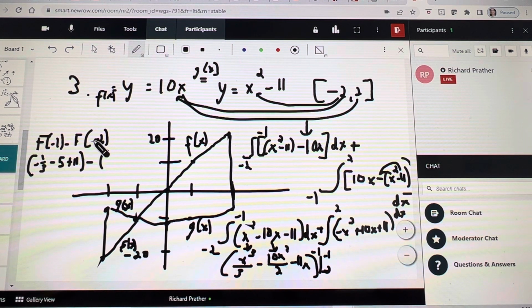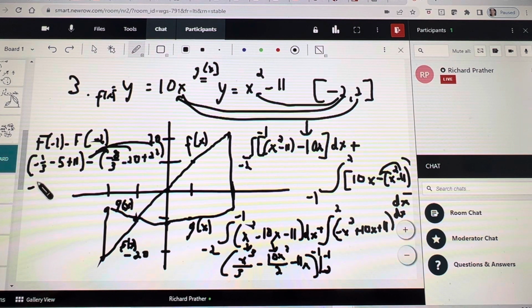Minus, now I'm going to do big F of -2. -2 cubed is -8 over 3. -2 squared is +4, and this is -5 here. -5 times 4 is -20. And -2 times -11 is +22. And then you got to put your negative on all three of these.